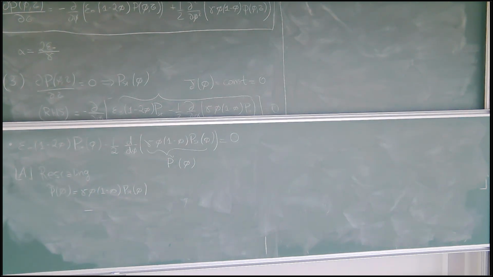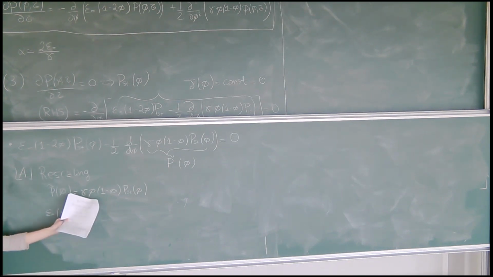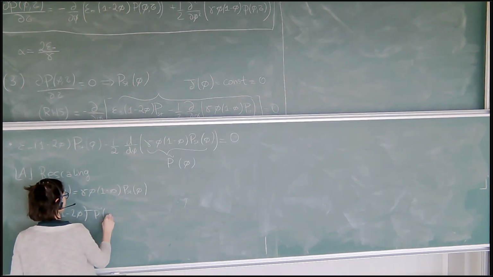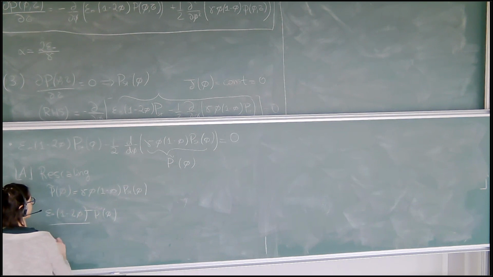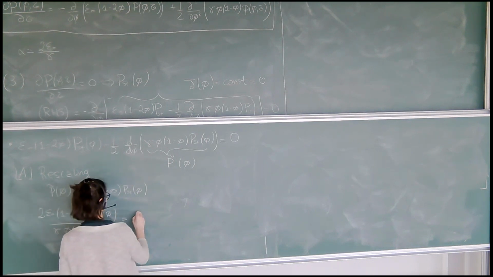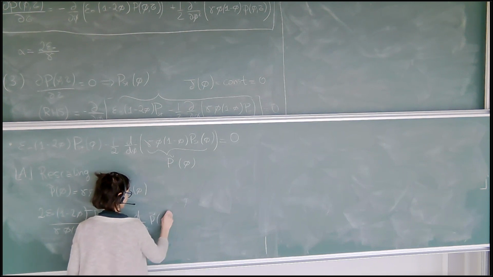And then I write the equation for p tilde. So I will have epsilon 0, 1 minus 2 phi. Then p stationary is p tilde of phi divided by gamma phi 1 minus phi. And on the right-hand side, I just have a factor of 1/2. So I bring the 2 up here. And I just have d over d phi of my p tilde of phi.